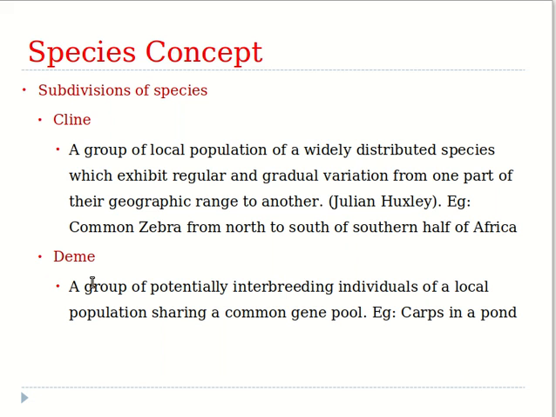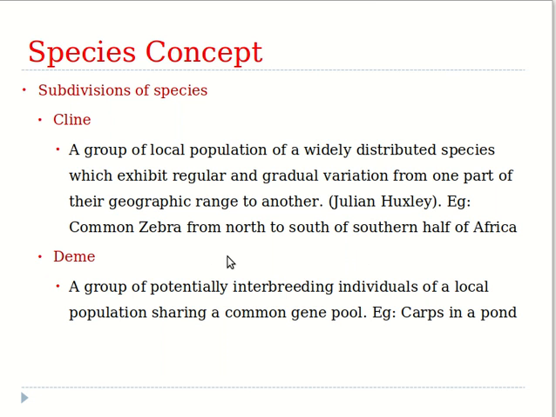In the case of the common zebra, they usually inhabit the southern half of Africa, and we can observe a range in the black striping of the leg. The black stripes on the leg show a steady decrease in a progressive series from north to south.